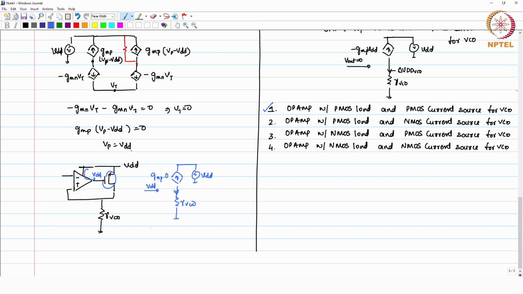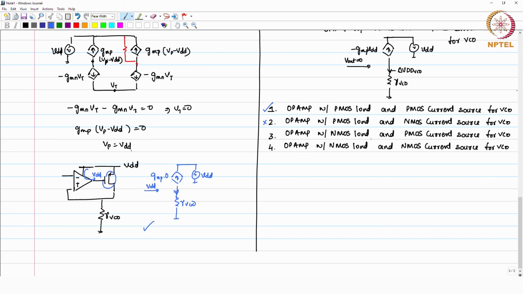The way why it works better, we have looked at it. With Pmos load and Nmos current source, you will have the supply noise coming to the gate of the Pmos, and it will get added to the VDD Vco. So, this is not a good option.